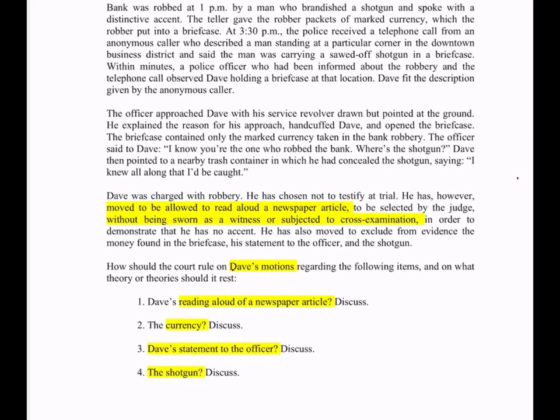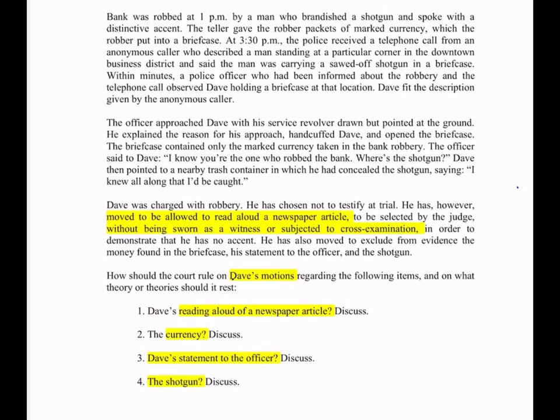And so he's trying to have it both ways. He's trying to be a witness but not be under oath or cross-examined. That's not going to cut it. That's what call 1 is about. I can make that a very short call. So my problems are going to be in call 2, 3, and 4.